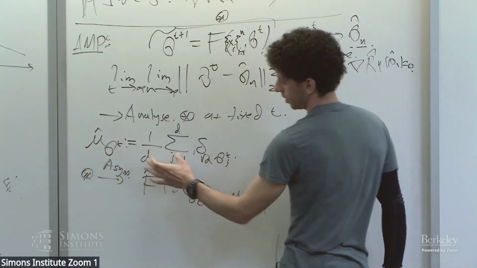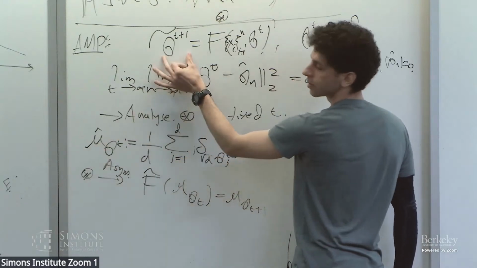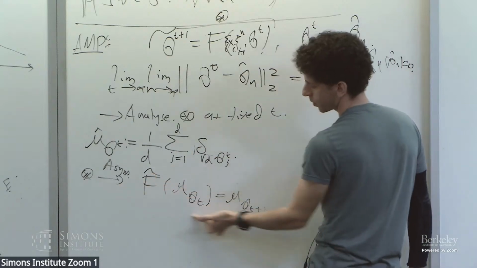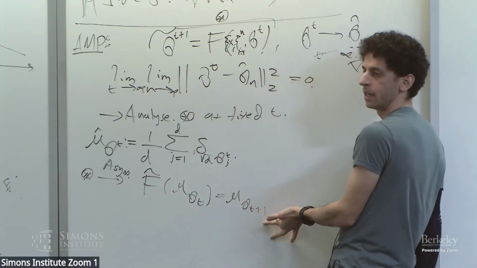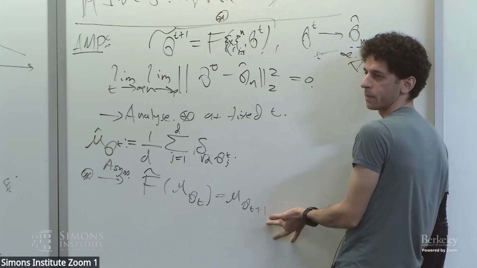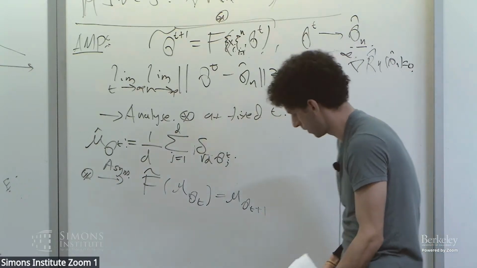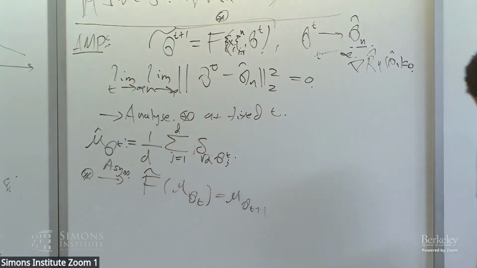So I'm going to write down what the empirical distribution of some point theta t is. And as I take this to infinity, this becomes some kind of fixed point equation, some kind of iterative equation in these empirical measures for each t. Sorry, just a question. Is the intuition that in the limit the thetas become almost IID?